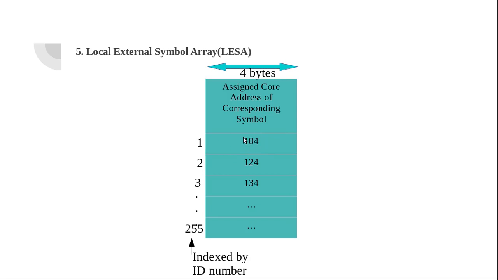Suppose 104 is the absolute address of the external symbol whose ID is 1, and 124 is the absolute address of the external symbol whose ID is 2, like that. So the external symbol array is used to give the correspondence between the ID and its corresponding absolute address value.